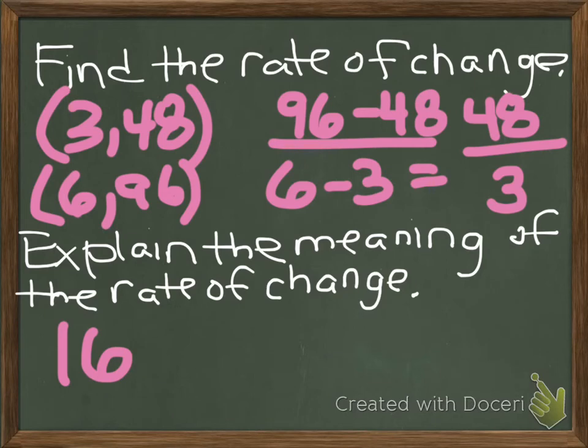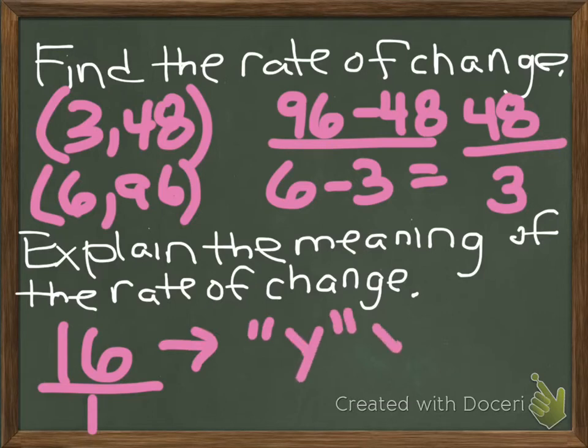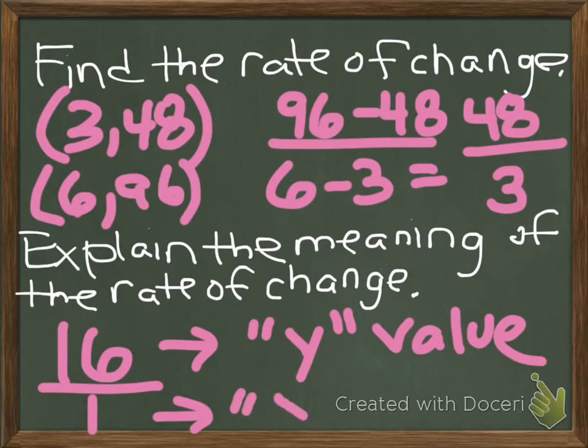So if we think about this as a fraction, 16 is your y value, 1 is your x value, which is why I said that for every one floor tile, it's 16 inches squared as the area. So that's how we would describe the meaning.